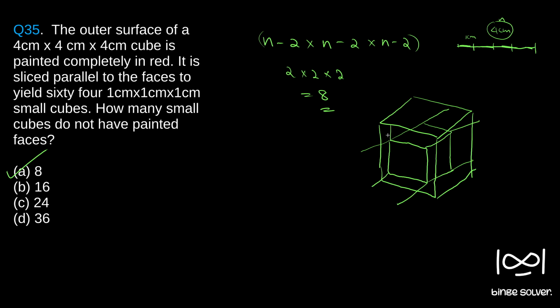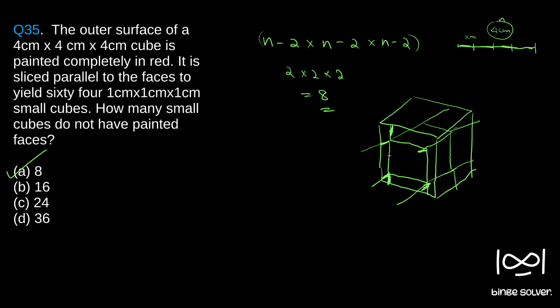So if you see, you cut, I'm not sure whether you are understanding this, but we cut two portions: one portion from this side, one portion from the bottom, one portion from the front side, one portion from this side, and similarly.